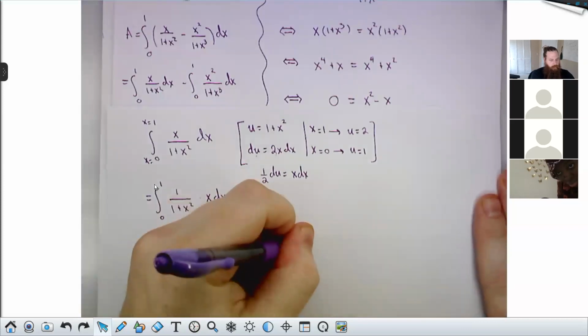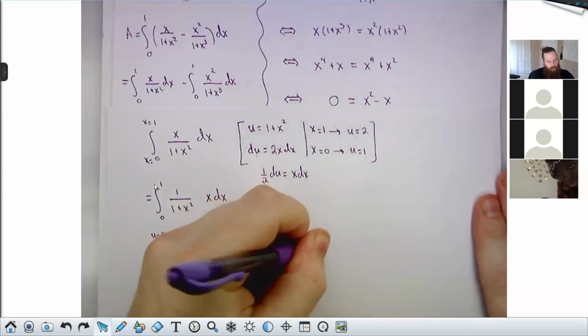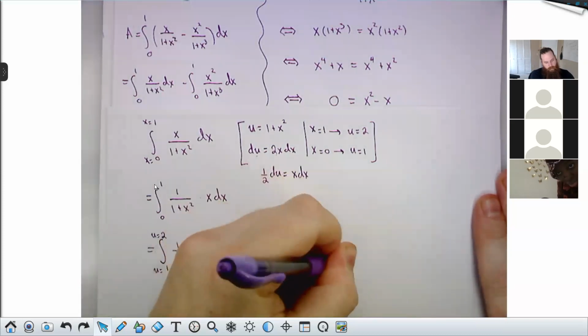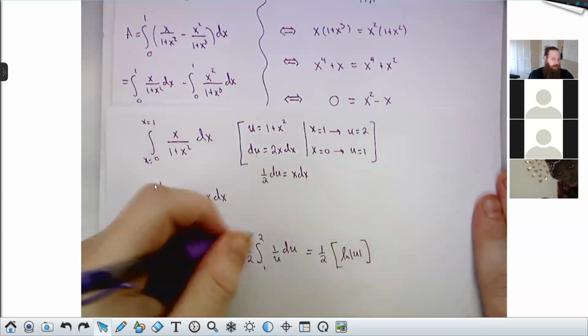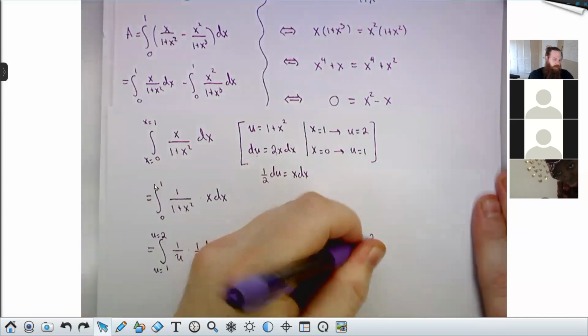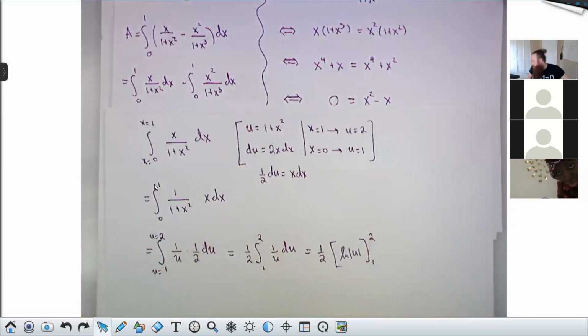An antiderivative for 1 over u is natural log absolute value of u. And I evaluate that between my new bounds. There's no need to ever go back to the old variable because we're doing a definite integral.